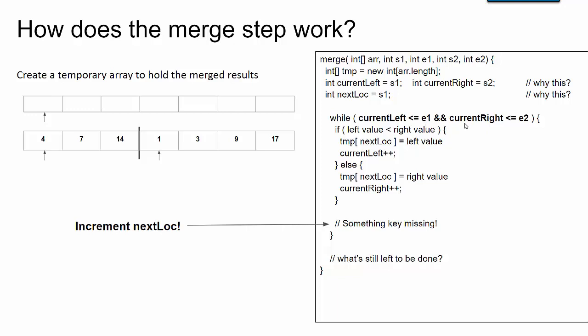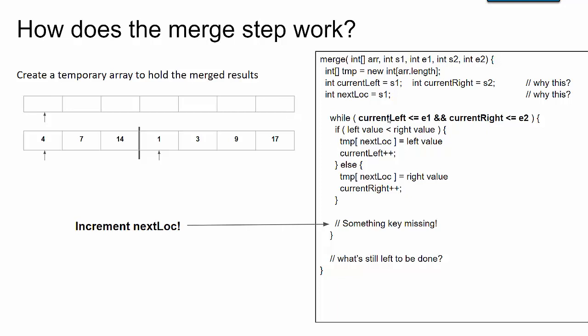And as long as the right value that we're looking at is smaller than or equal to the ending index for the right list. So in other words, as long as we're still inside both lists, it makes sense to compare values and assign. And then the thing that we're missing here is we've got to increment next location, which is the index that we're going to copy into in the temporary array.